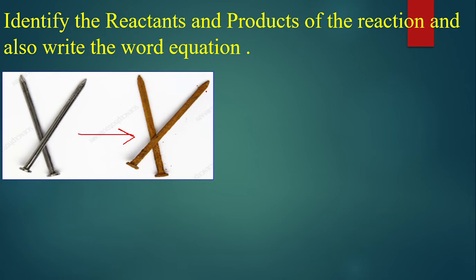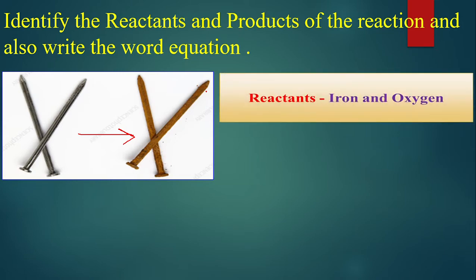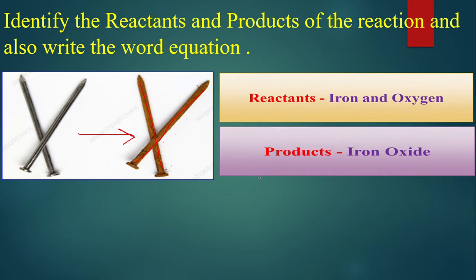So let's see what the reactants are. Reactants, I have already said to you, are here iron and oxygen. You can see there is a brownish layer, which is a layer of an oxide on the iron. So we can say that the product is iron oxide.